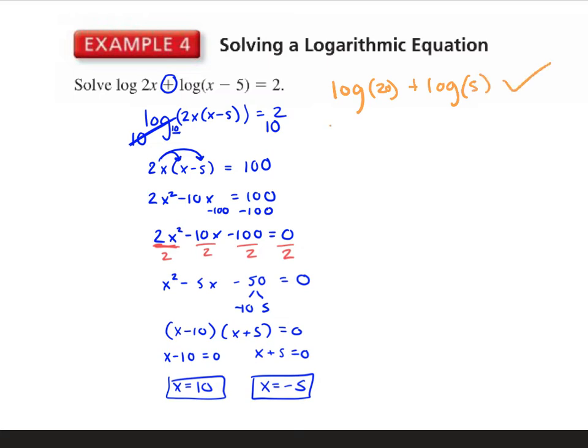If we plug in negative 5, we would have log of negative 10 plus log of negative 10. Can we take the log of negative 10? No, because it's negative. So x is equal to negative 5 does not work. It's not always going to be the negative number that doesn't work, so you just have to plug it in to check. Can't take the log of a negative.